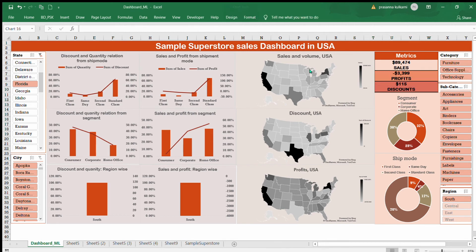And when it comes to the mapping, here we can see the discount given in Texas is very high, the sales are very low, and the profits are very minimal. Here we can see a huge problem that has been striking the superstore. This can be taken care of right away so that the company doesn't run out of business in Texas.